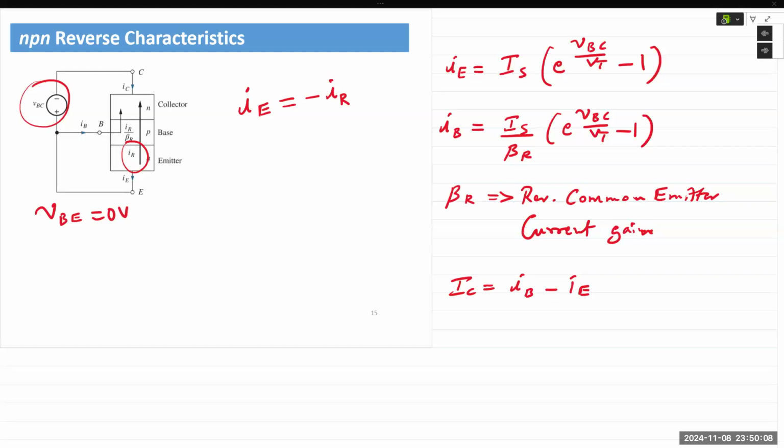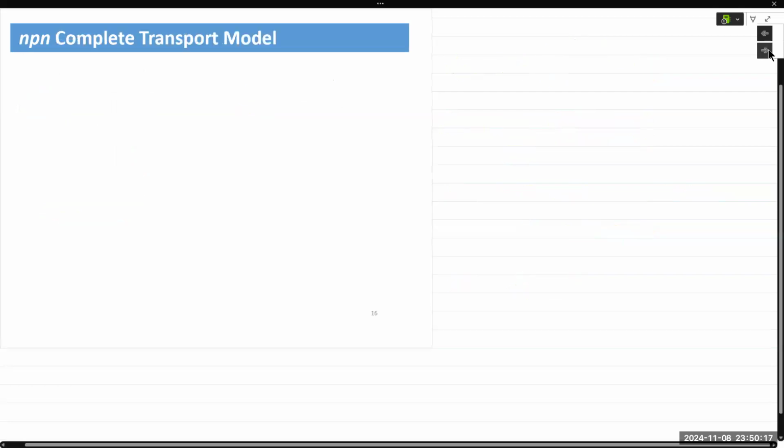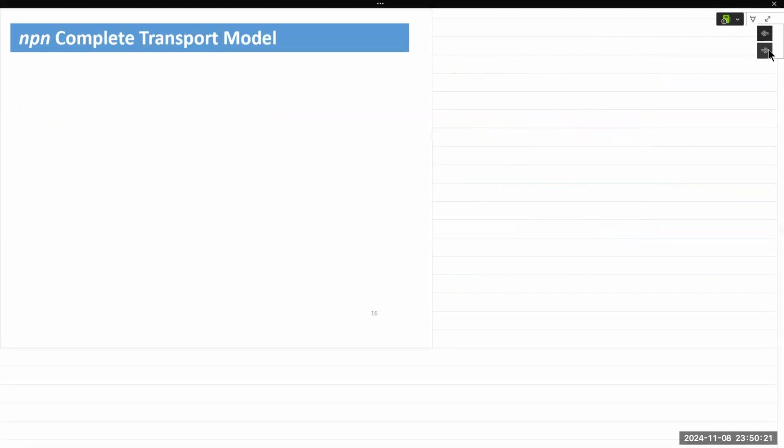We can write equations for the complete transport model. If we combine the equations, we can write an expression for the collector, emitter, and base currents irrespective of any biasing conditions.